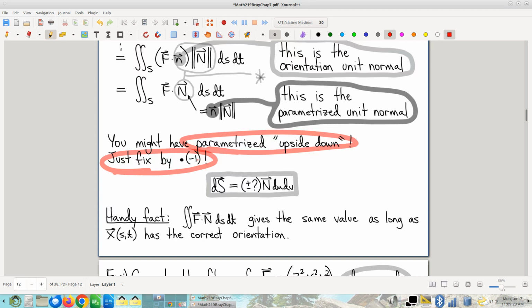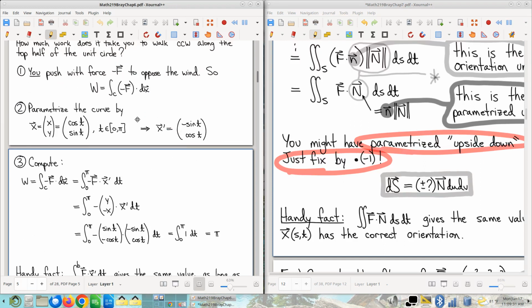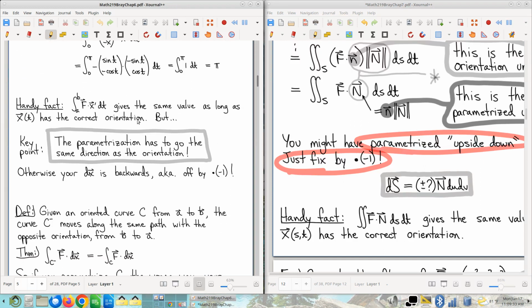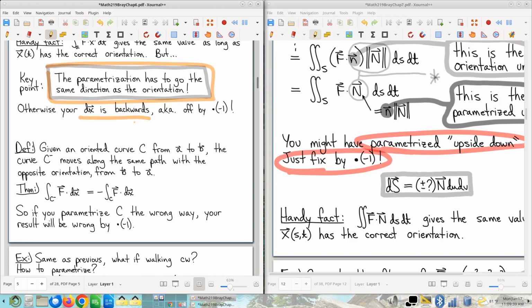All right. Now you may recall back in chapter 6 here, we talked about that the parameterization has to go the correct direction, and if you parameterize wrong, your dx vectors are backwards, and you're just off by a minus sign.